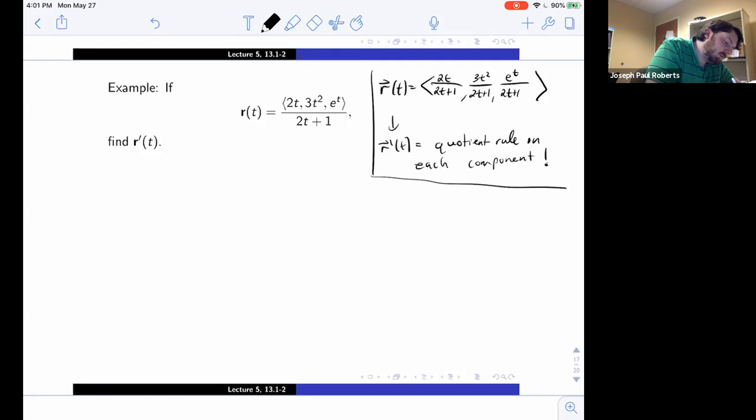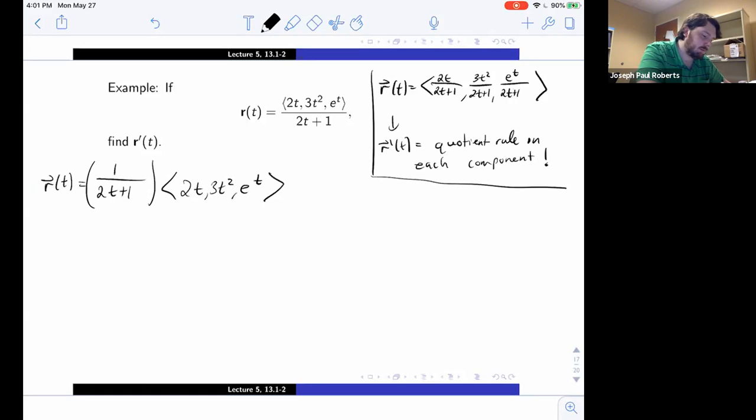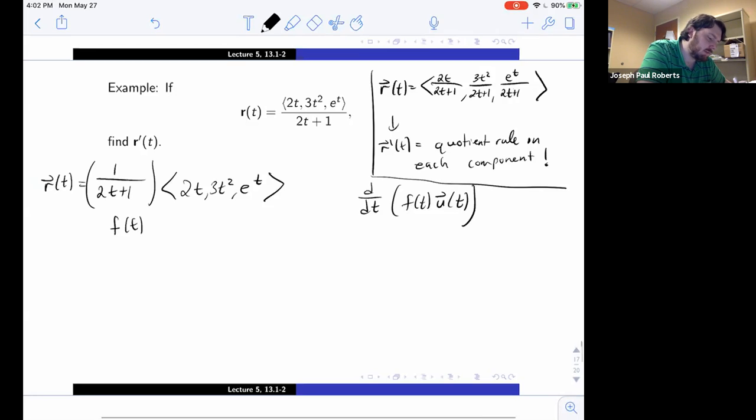But the way I like to do this is to think about it as 1 over 2t plus 1 times the vector 2t, 3t squared, e to the t. And realize that this is a scalar function times a vector function type situation, right? This is our scalar function f of t, and this is our vector function u of t.